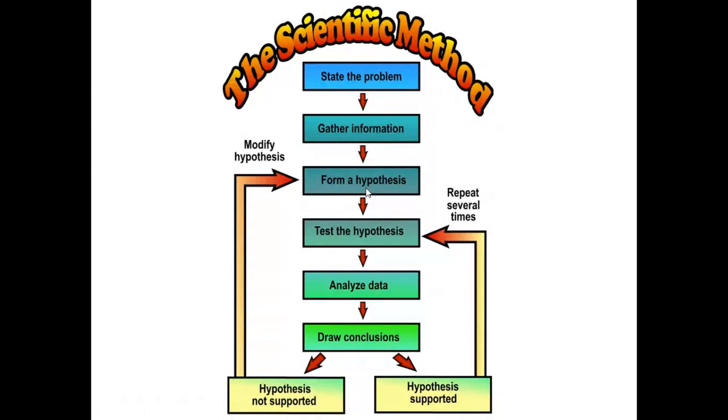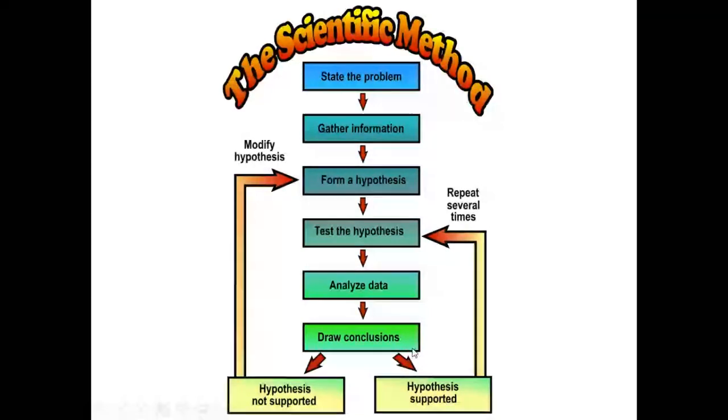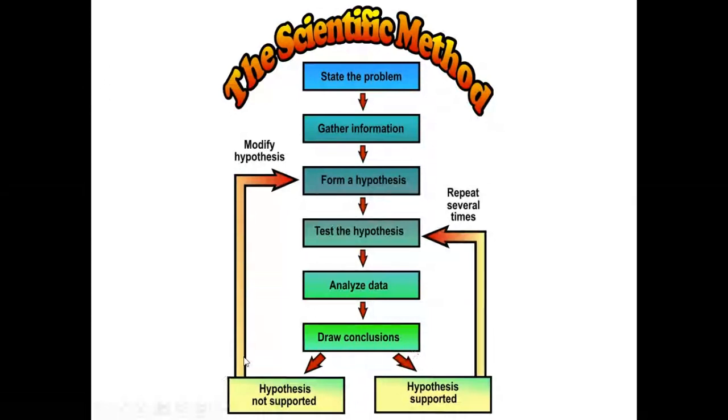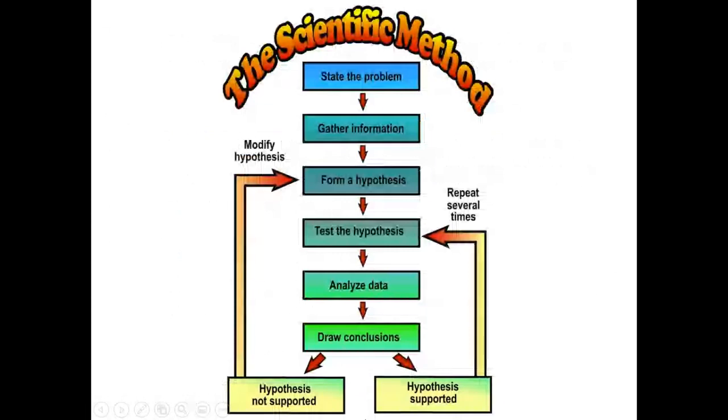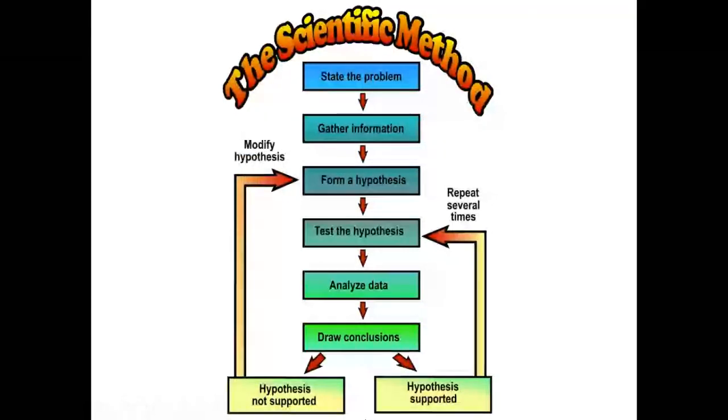Eventually, you may get to the point where your hypothesis is supported, but like I said, it doesn't matter. Science evolves because people have gone through this hypothesis not supported repeatedly, trying to find the answer. Some people never find the answer. Other times it takes a long time.